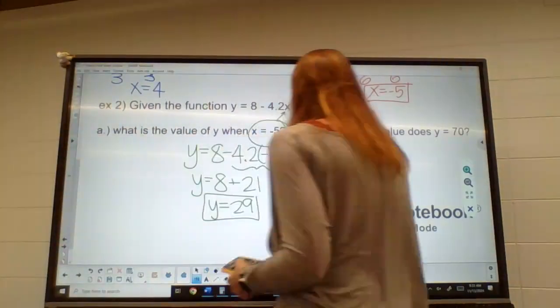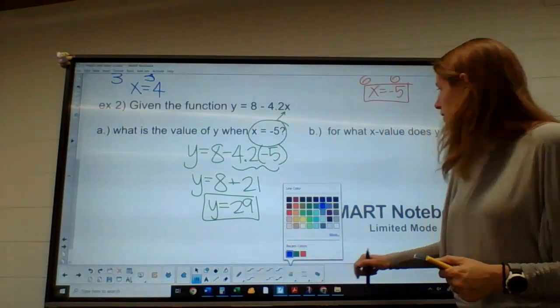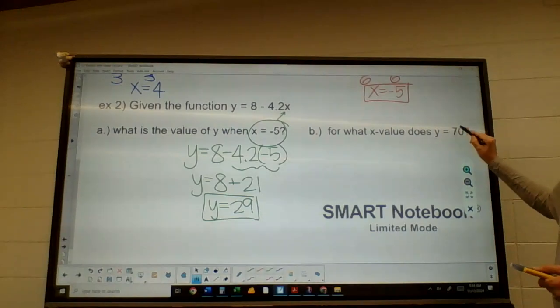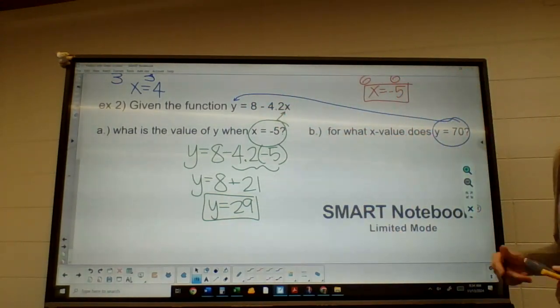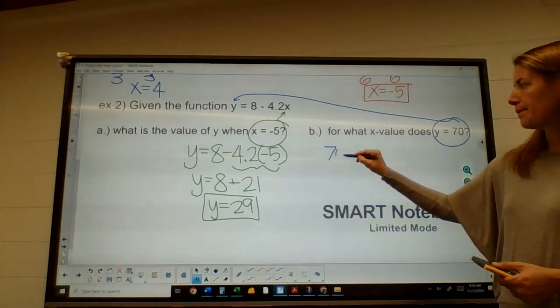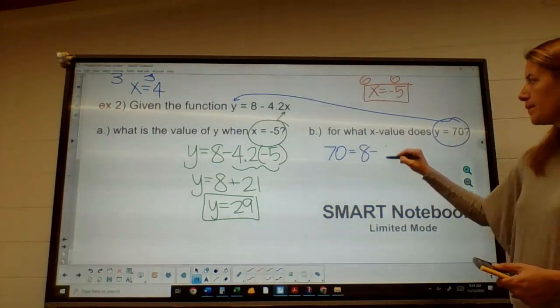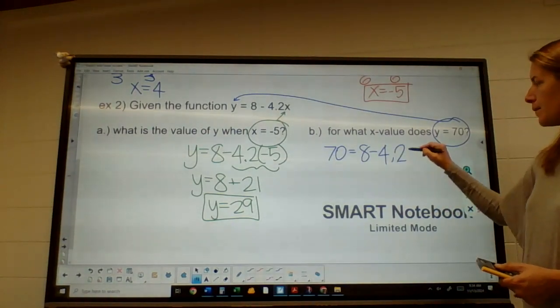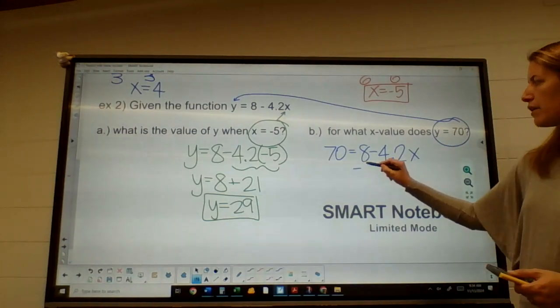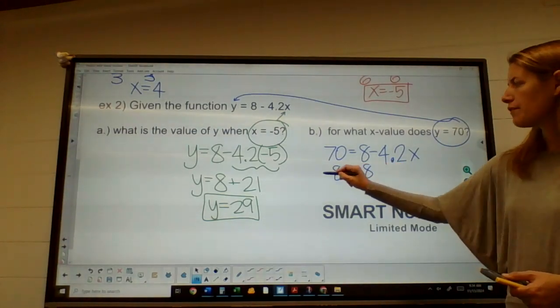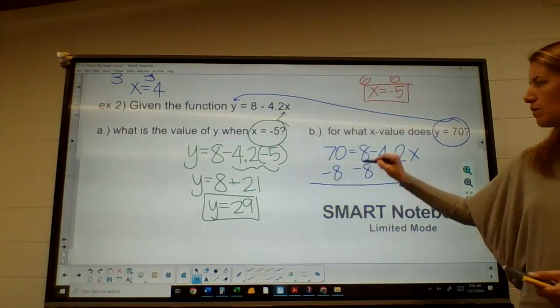Now, the next question is saying the opposite. This one says, for what x value is y 70? So now we're putting 70 in for y. So we're going to move the 8 over. So we're solving for x. We're getting x alone.